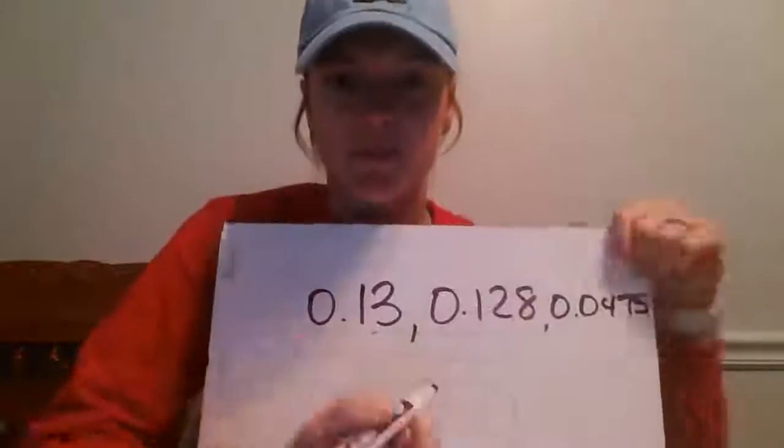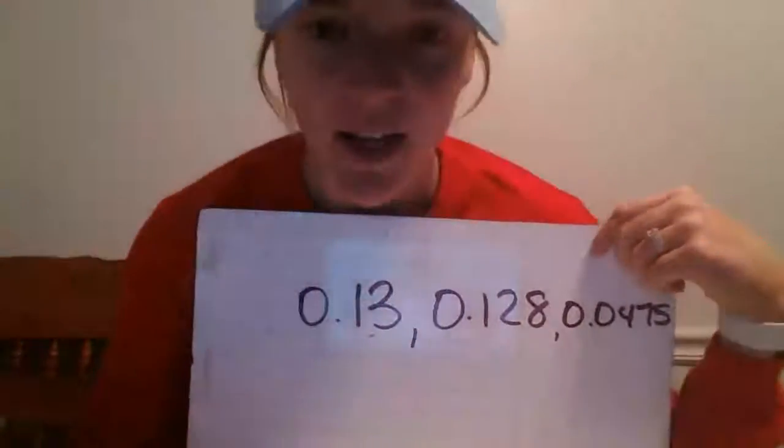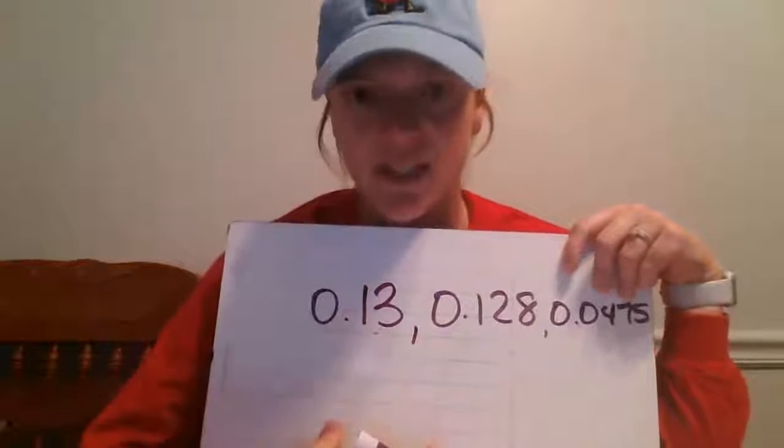So we're going to look at example 1, and example 1 wants us to arrange these decimals in order from least to greatest. So they give us 0.13, 0.128, and 0.0475. Okay. So now we need to figure out how we can put this into least to greatest.